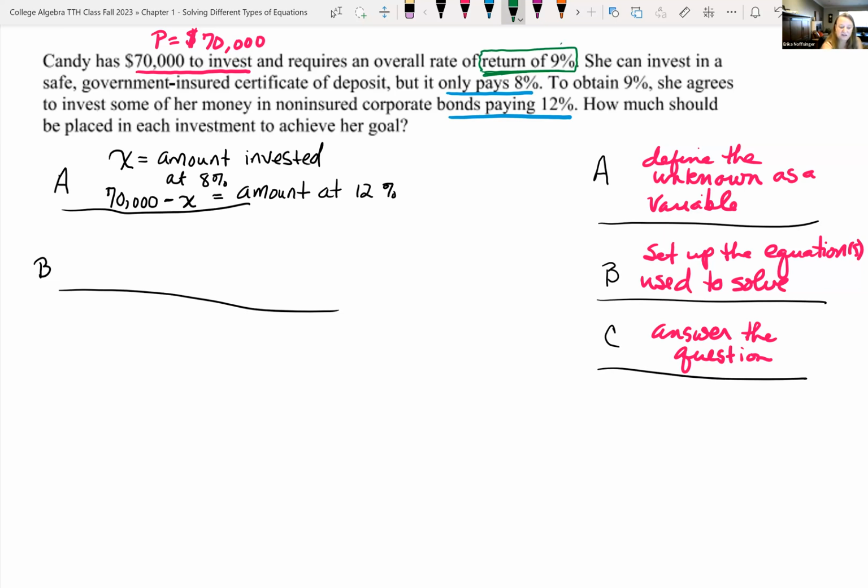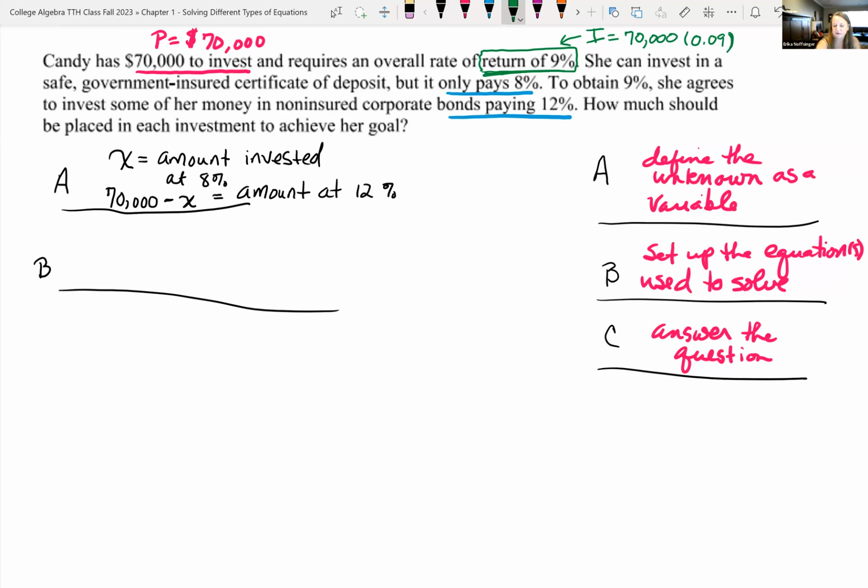So the interest on here is equal to the amount that she's going to invest total. She wants a 9% return on this 70,000 times the interest rate. You want 9% back.